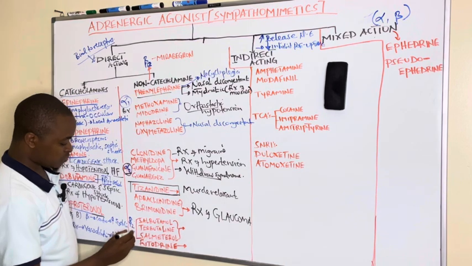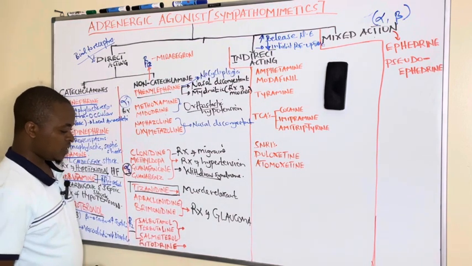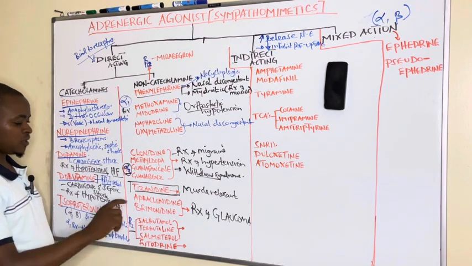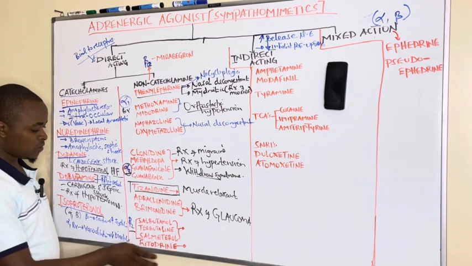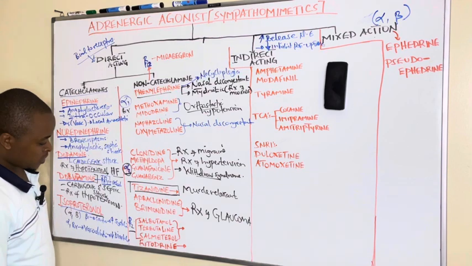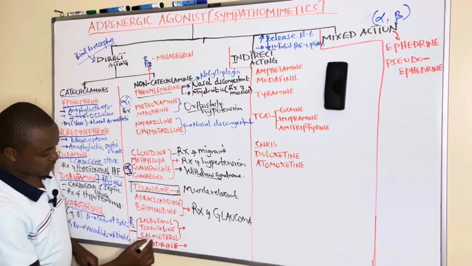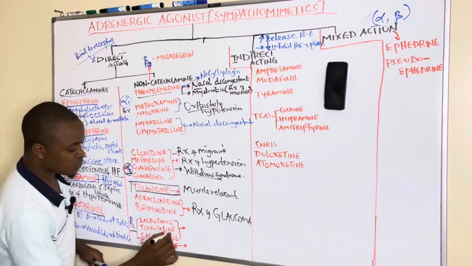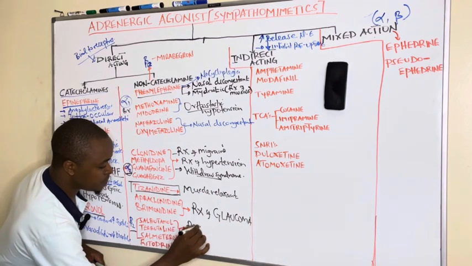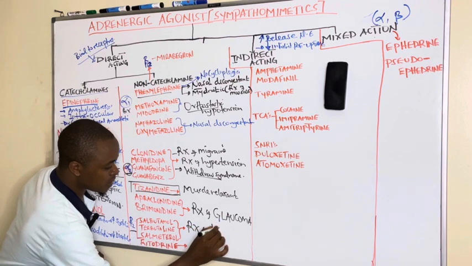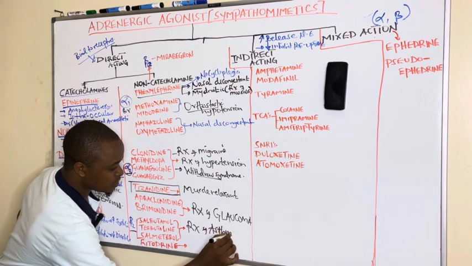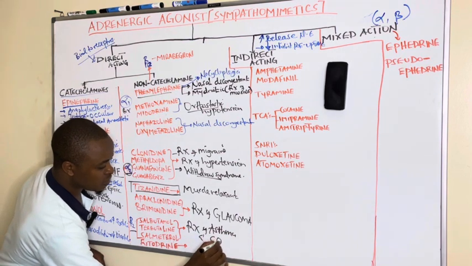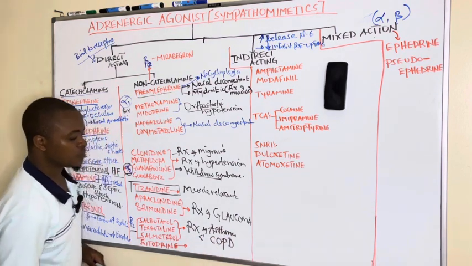Then we have also beta 2 selective agonists, and among them we shall see salbutamol, terbutaline, salmeterol, and formoterol. All of these are used in the treatment of asthma, those with asthmatic attacks, and other chronic obstructive pulmonary diseases.